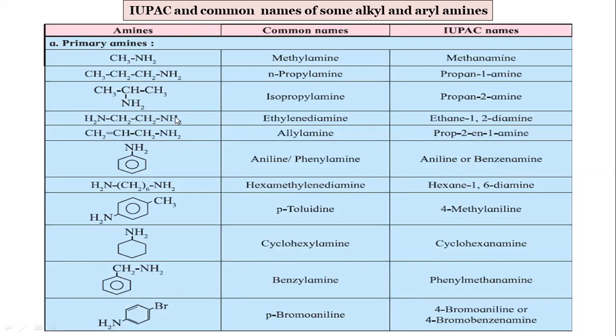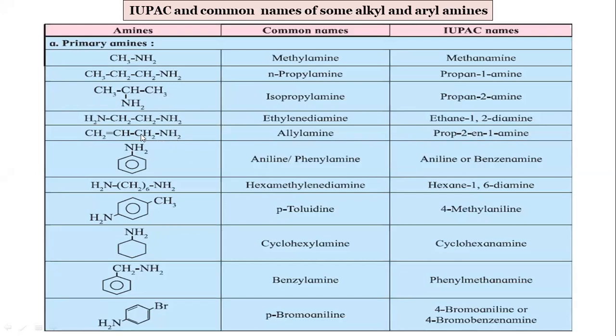Diamine means two NH2 groups are there, one NH2 on carbon number 1 and another NH2 on carbon number 2. And this is prop-2-en-1-amine. So en indicates a double bond is there on the second carbon, and 1-amine indicates on the first carbon an NH2 group is there.